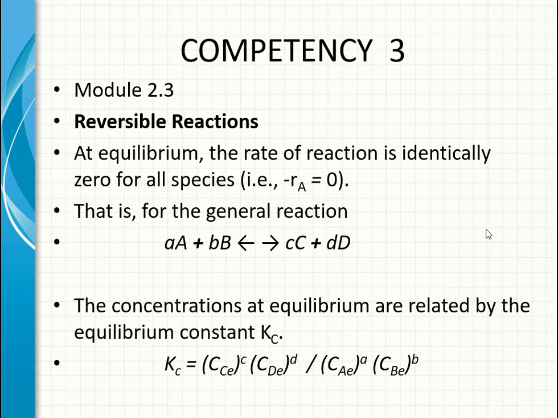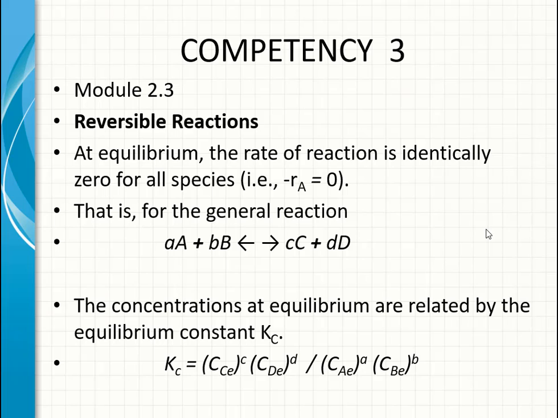Module 2.3 Reversible Reactions. At equilibrium, the rate of reaction is identically zero for all the species, that is, minus Ra equals zero.